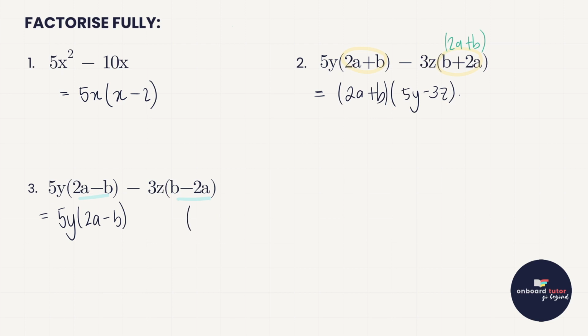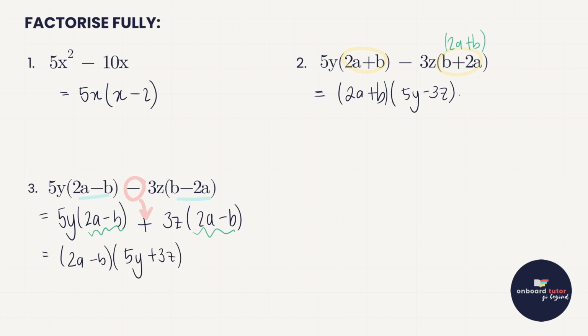I'm allowed to change the order here to 2a minus b if I change the sign outside from a negative to a positive. So what happens is, because I multiply that term by a negative, it ends up switching the 2 terms in the bracket. And so once I've done that sign change, I can now look for a common factor, and I can say this bracket is in fact common to both terms. So we can take it out, 2a minus b, and we're left with 5y plus 3z in the second bracket.